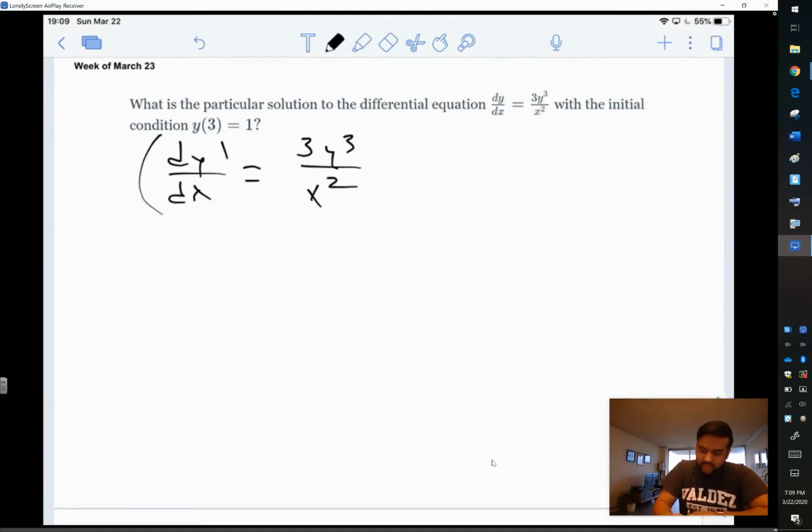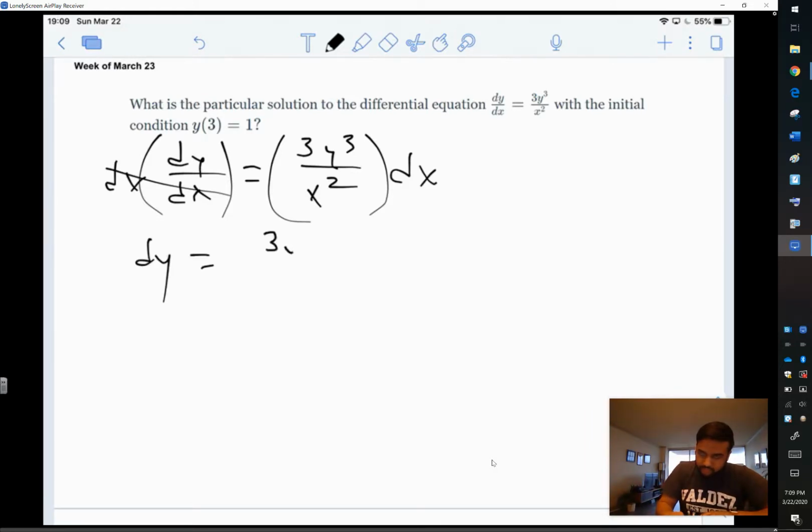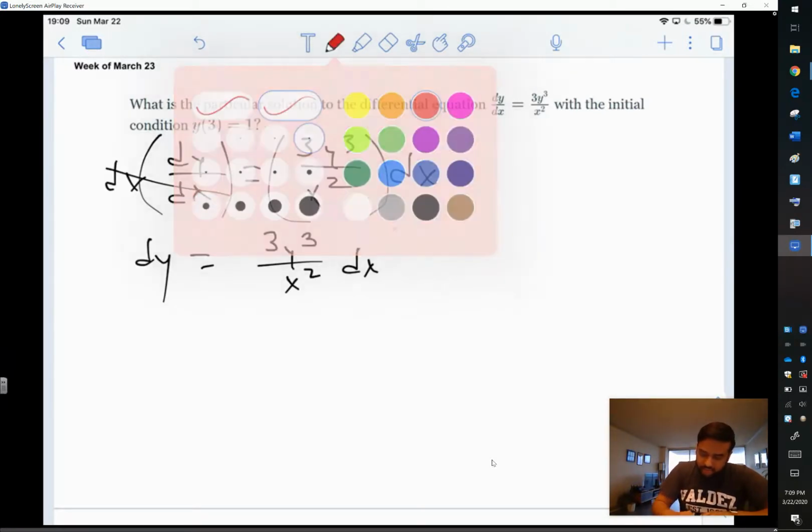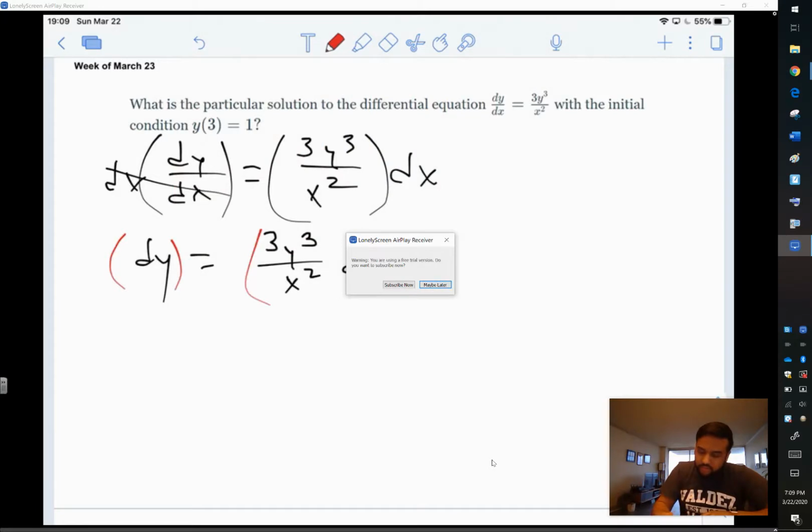Multiplying both sides by dx gives us this. A couple different ways I can go here. I'm going to multiply both sides by 1/3y cubed.